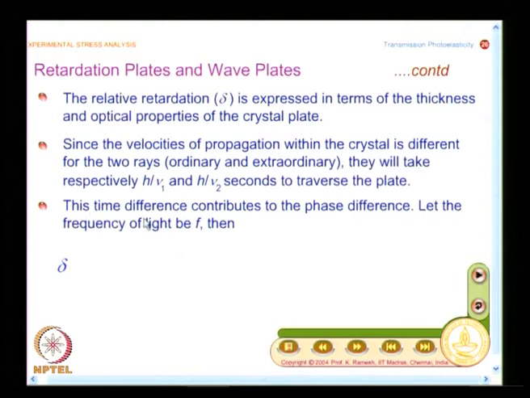So, this time difference contributes to the phase difference. Suppose we have the frequency of light f, then I can write the expression for delta.